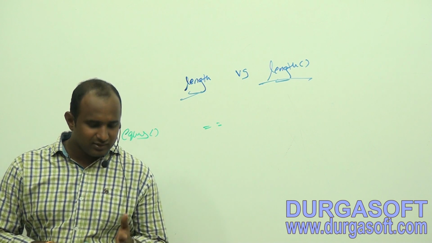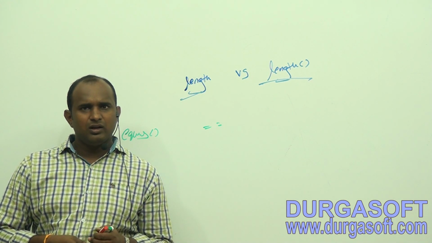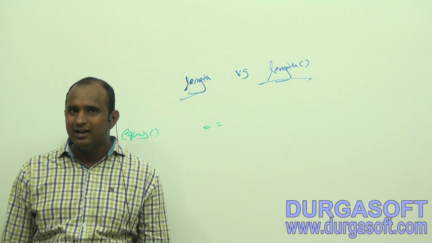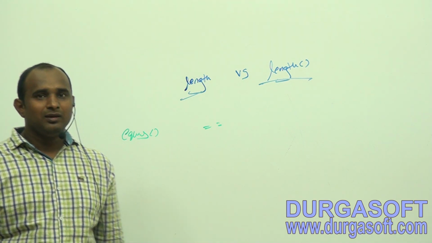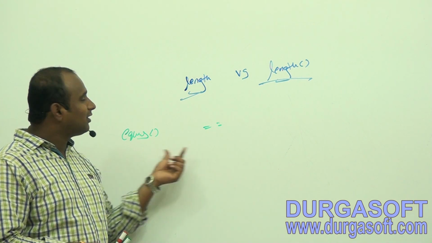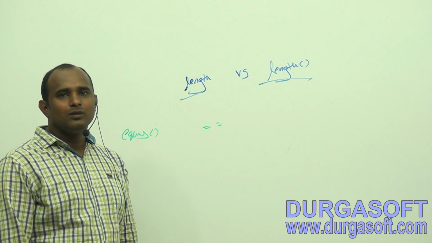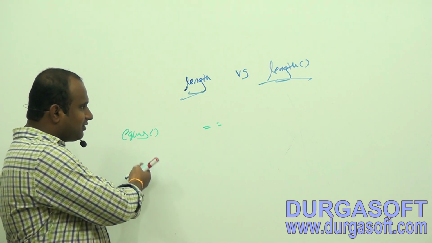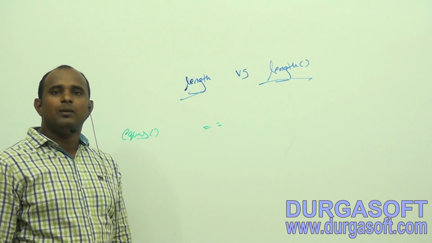Whenever I ask the difference between the equals method and the double equal to operator, the student's answer immediately is: equals is a method, double equal is the operator. Everyone knows that equals is a method and double equal is an operator. That is not a great point. Don't say equals is a method, double equal is an operator.